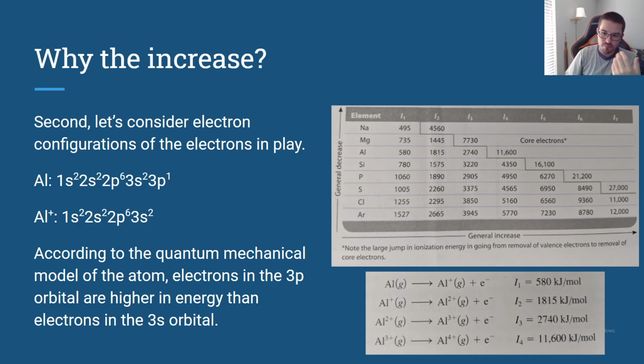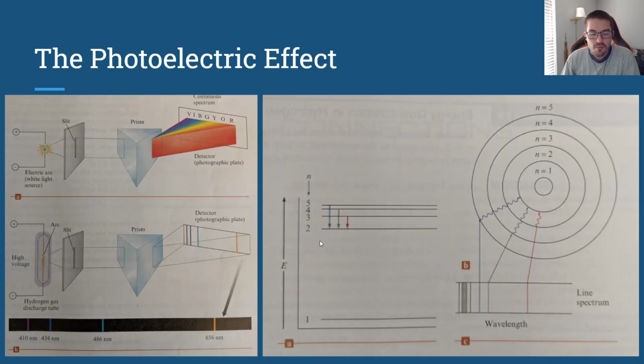You'd have to get launched out of Earth, and it'd take a lot of energy to do so. Same kind of concept here. These orbitals are in order based on their energy level, and so the further away, or the higher the energy of the electrons, the easier it is for them to be removed.